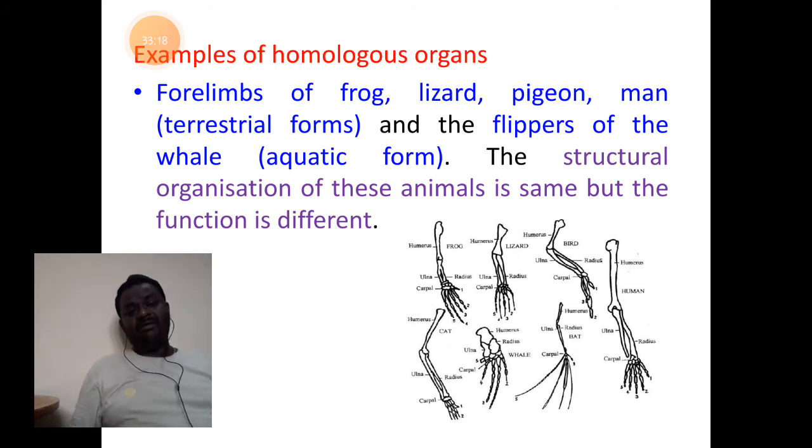But we have an extinct form of crossopterygian fish varieties that shows the similar pattern. What is the structural similar organization here?